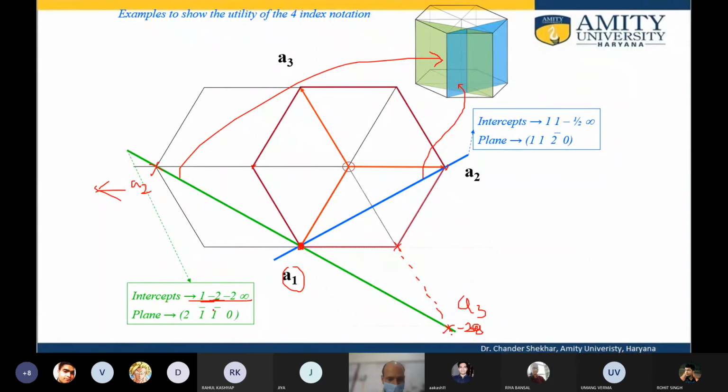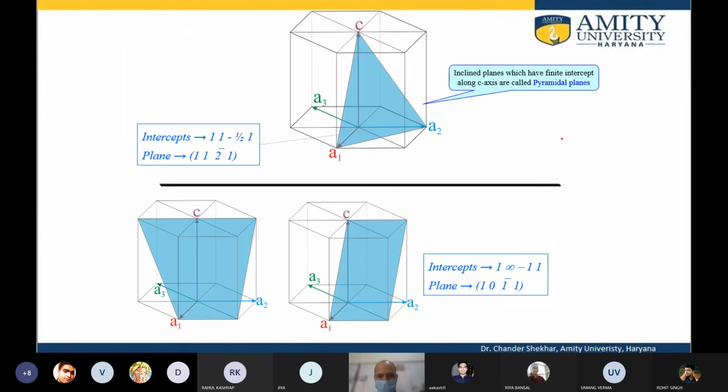So taking the reciprocal and reducing, the reciprocal will be 1 by 1, 1 by -2, 1 by -2, 1 by infinity. Now if I multiply everything by 2, the plane will be 2, 1 bar, 1 bar, and 0. Okay, so these are the Miller indices of this particular plane represented by the green color. For the blue one, with the same procedure, we can find out the Miller indices.